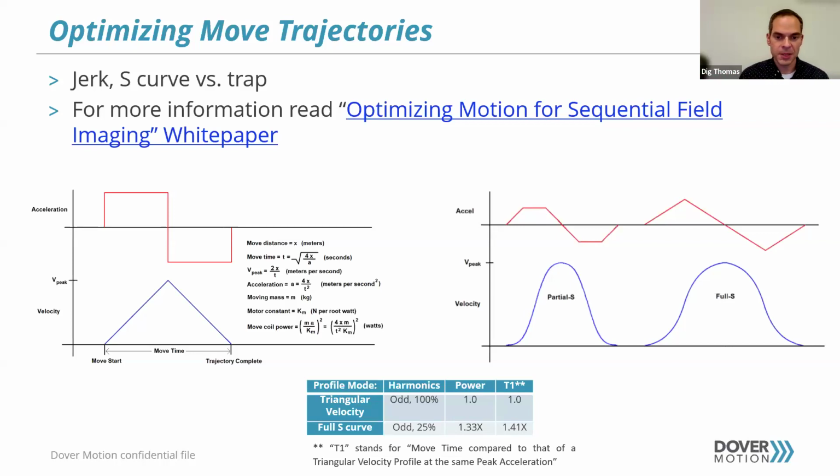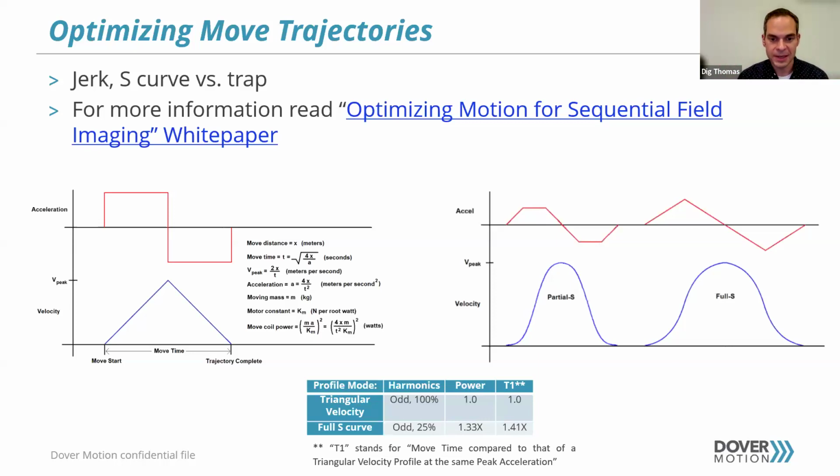So whatever isolation you may be on, whatever system, those odd harmonics, all the way out, are going to excite different modes in your system, on your stage, in your mechanics, whatever. Whereas S greatly attenuates those, again at the cost of some time and some power.